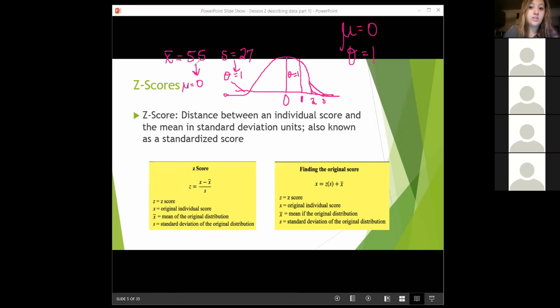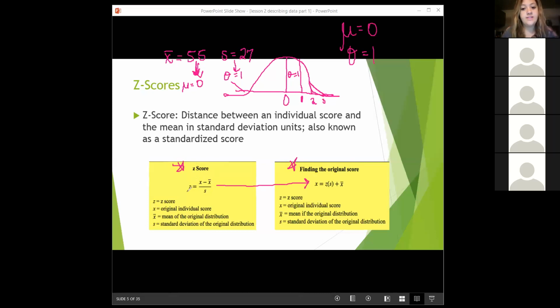The way to do these transformations I was talking about is with these equations. So this is finding the original score, like going backwards. If you had the mean and the standard deviation and a Z-score, and you want to find the original score, you would do this equation, which is just an algebraic transformation of the one on the left.